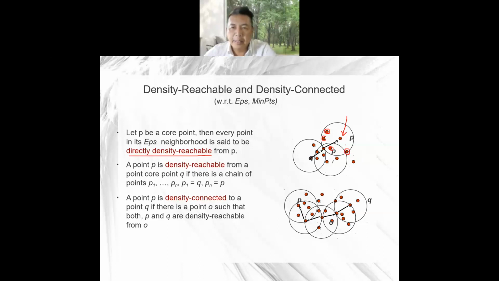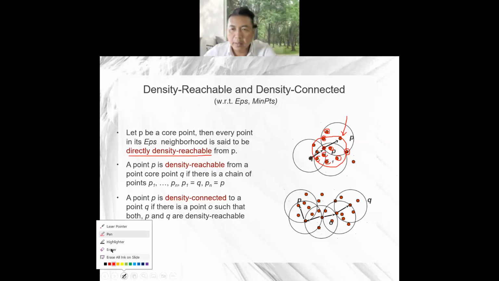So this is P, and we also have this one, which is also core. Why? Because if you look at the radius here, I have 1, 2, 3, 4 within the range here. And then we look at here again and so on. So this is also core.